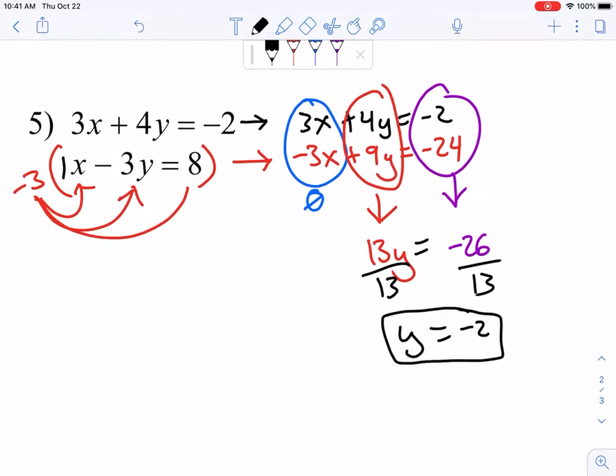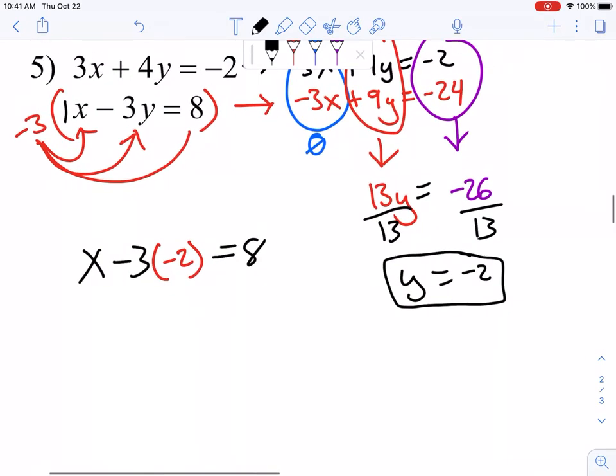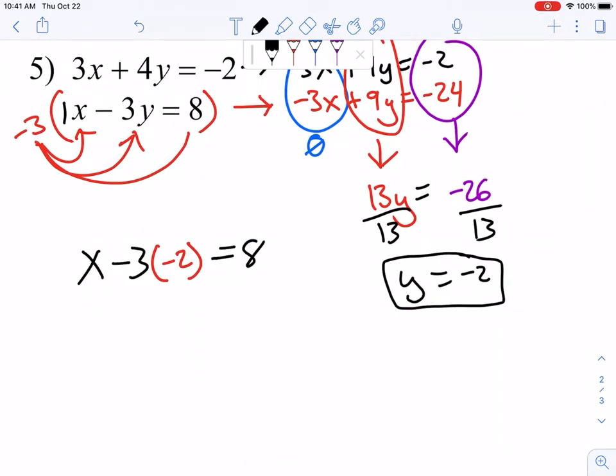Now that I've figured that out, I can go back and plug it in. I'm going to plug it in for my bottom equation here. So I'm going to say x minus 3, and then I'm replacing y with a negative 2, so that's a negative 3 times a negative 2 equals 8. So let's see here. We have a negative 3 times a negative 2, which is going to give me a positive 6.